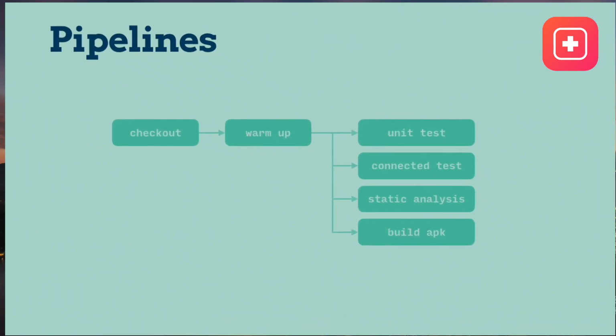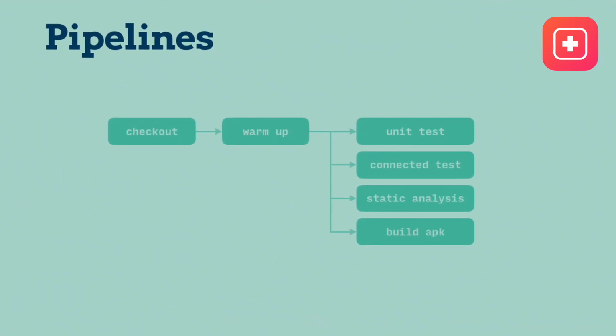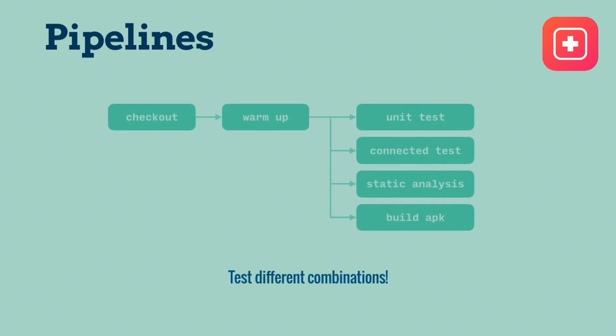For example, we can run tests, we can run static analysis, we can build APKs, and so on and so forth. It's really important at this point that you test different combinations, because sometimes, depending on your code base and the service you're running on, it might be better to bulk up a bunch of things into a single step instead of splitting them out.